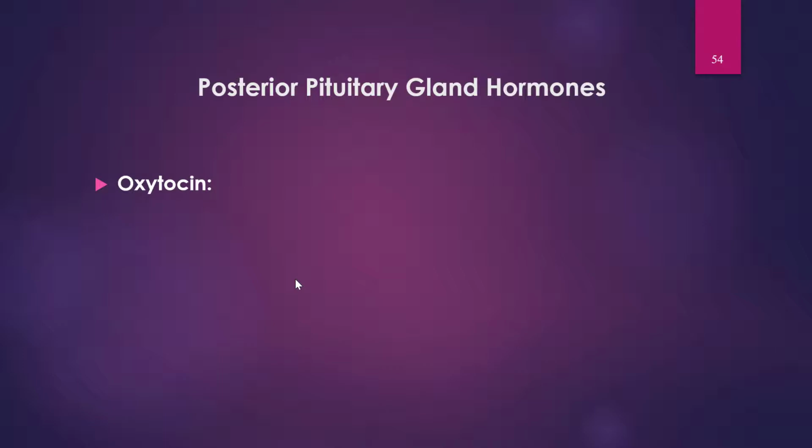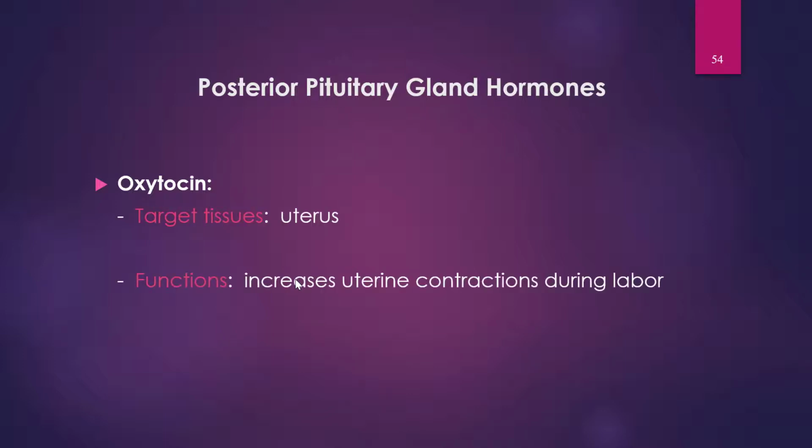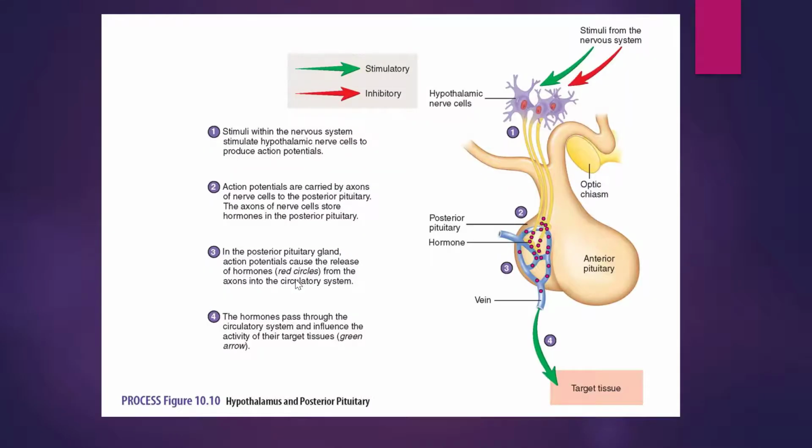Then you have oxytocin. Oxytocin is also a hormone that is produced by the hypothalamus. And the target tissue here is the uterus, and it increases uterine contraction during labor.